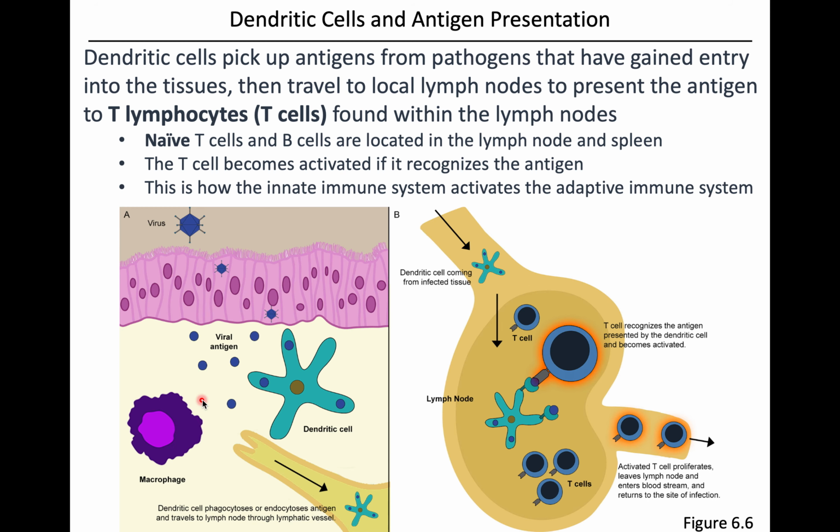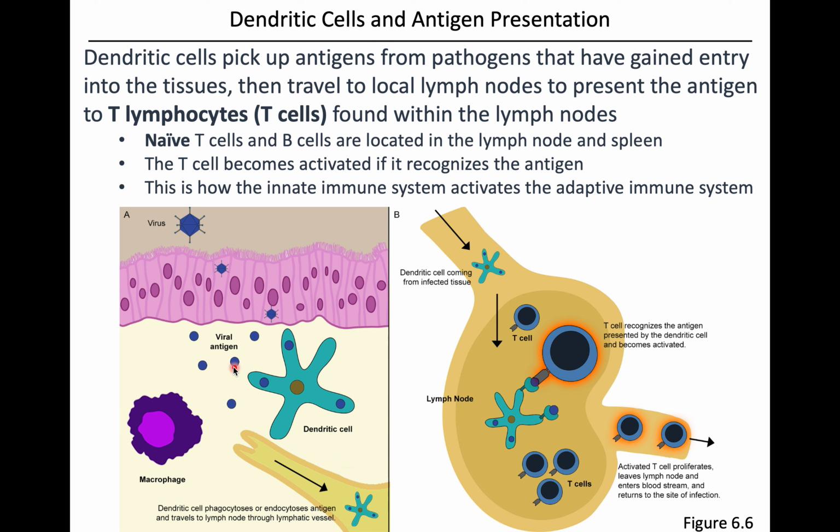So here's the cartoon version of how dendritic cells would work and begin to bridge the gap between the innate response and the adaptive response. So here's your cell, right? A virus comes into the cell and is establishing an infection. You've got viral antigen, whatever that might be, viral nucleic acid or more likely viral protein.